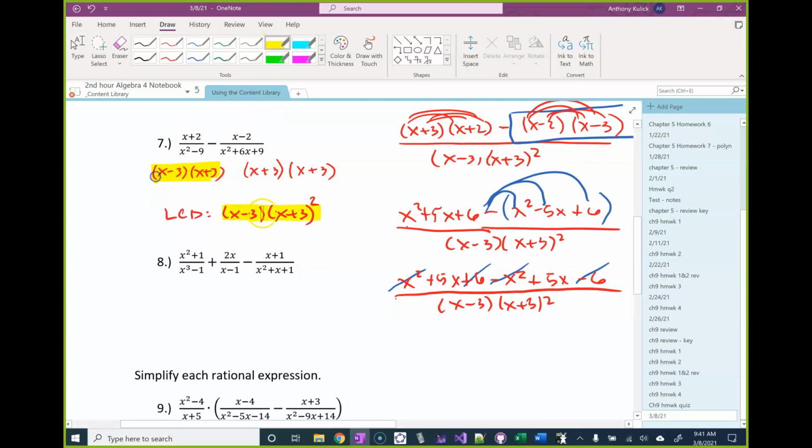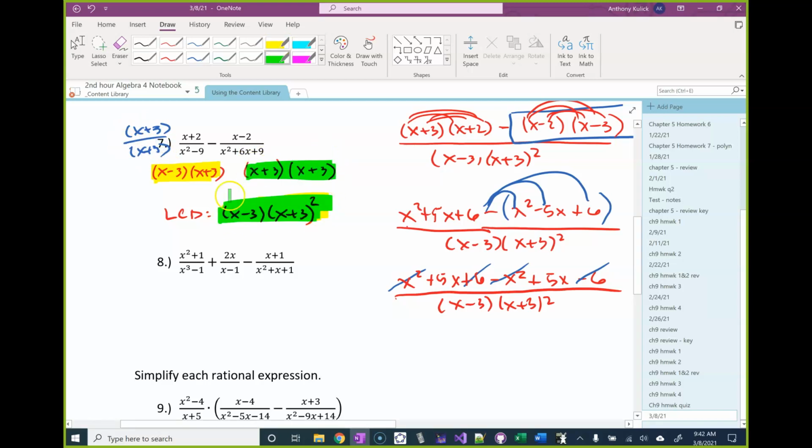The first fraction has one x plus 3, but it doesn't have the second x plus 3. So I'm going to multiply the top and bottom of that fraction by x plus 3. If I look at the next fraction, I have the two x plus 3's, but what I don't have is the x minus 3. So I'll multiply the top and bottom of that fraction by x minus 3.